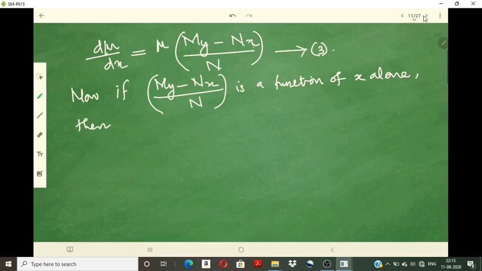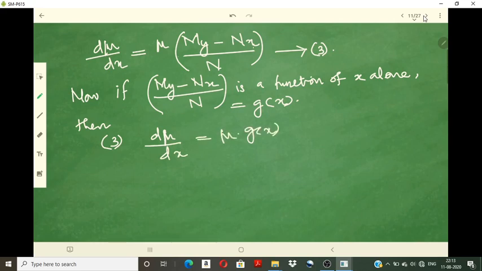Suppose this is equal to some g of x, then equation 3 can be rewritten as dμ/dx is equal to μ into some function of x. Now μ is again a function of x alone, that we know.